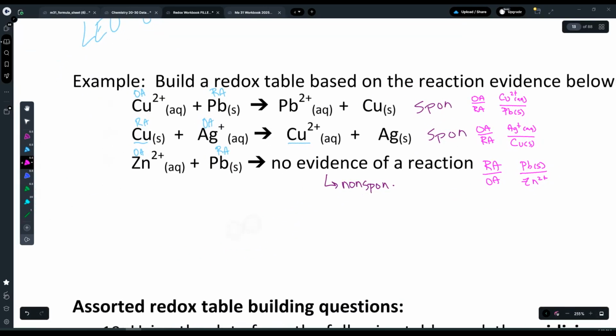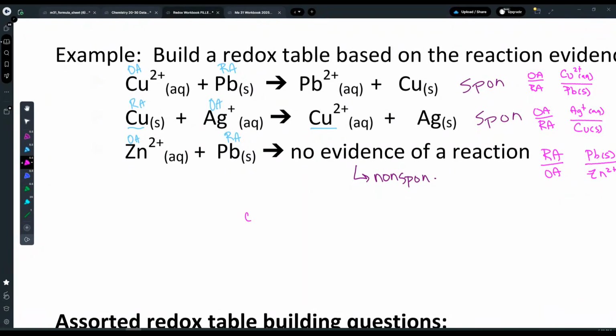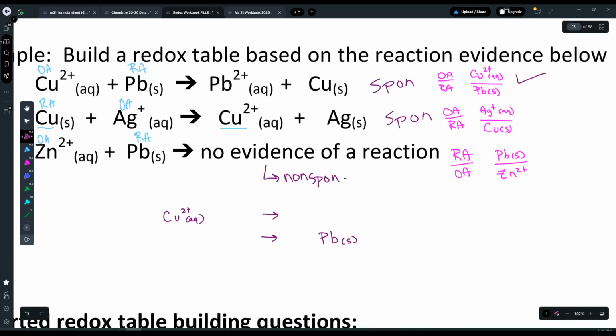I'm going to start off with copper 2+, and since it's the OA, I'm going to write it on the left-hand side: copper 2+ aqueous. Then it is above lead, in other words, lead is below copper 2+, so I'm going to put it right there. And that takes care of that.